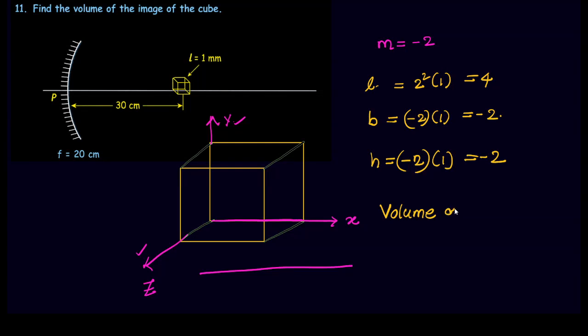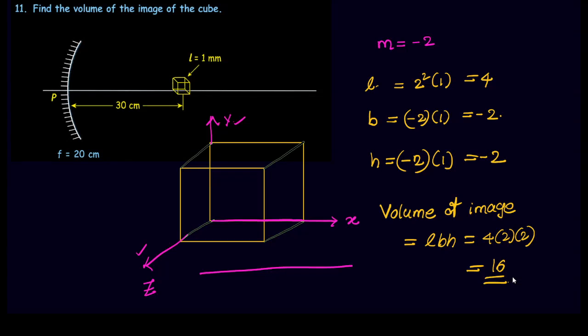So finally, volume of image is equal to LBH, which is 4 into 2 into 2, which is equal to 16. Like this we can do it. Done.